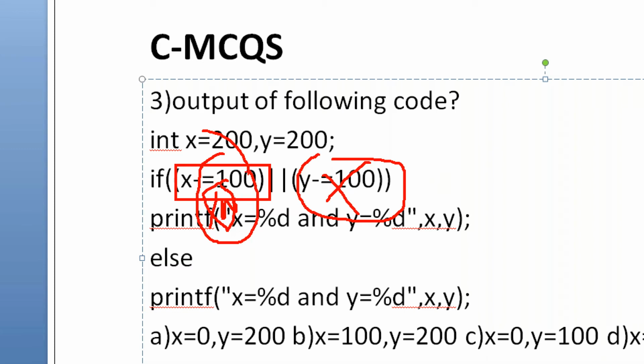If the first one is true, the overall expression is true. If the overall expression is true, this statement is executed. So x is modified, x is 100 and y is not modified. That is a special case.